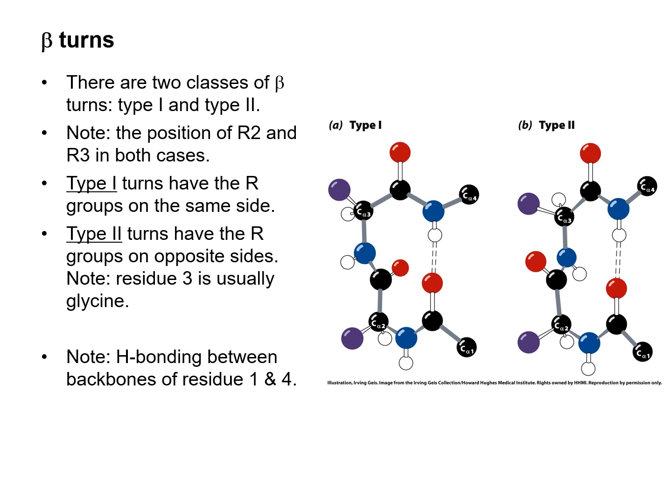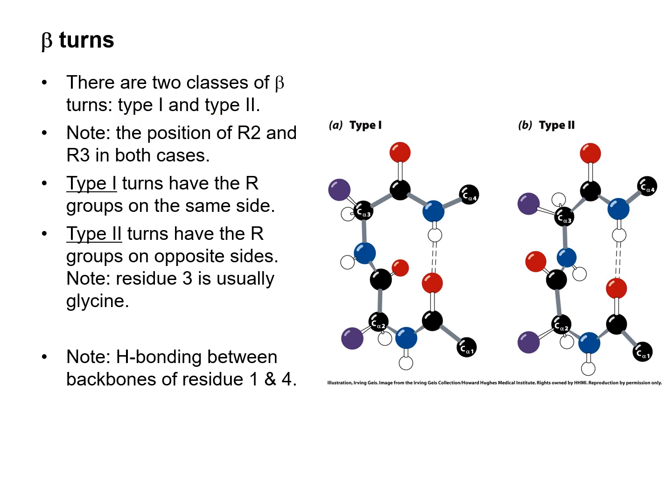The first one that we'll discuss is the beta turn, which you can see pretty commonly in many of the biological protein structures. There are basically two different types of beta turns, type 1 and type 2. And you should note the position of the side chains of the second amino acid and the third amino acid, the R2 and R3, to distinguish between type 1 and type 2.